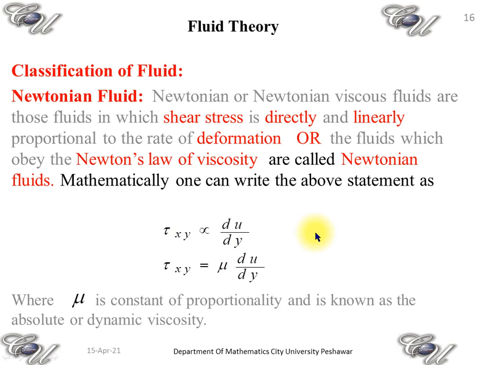Okay, again, if we classify the fluids, those fluids in which the shear stress is directly and linearly proportional to the rate of deformation, the deformation or change in shape because of these stresses, because of this force.